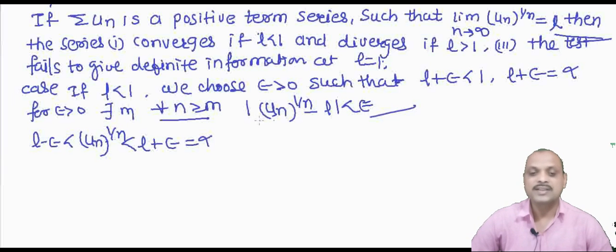Then, by using the modulus property, L minus epsilon is less than un raised to 1 by n, which is less than L plus epsilon, which we have taken as alpha.